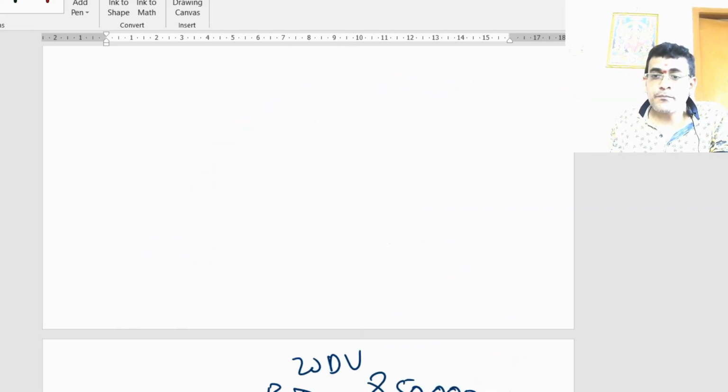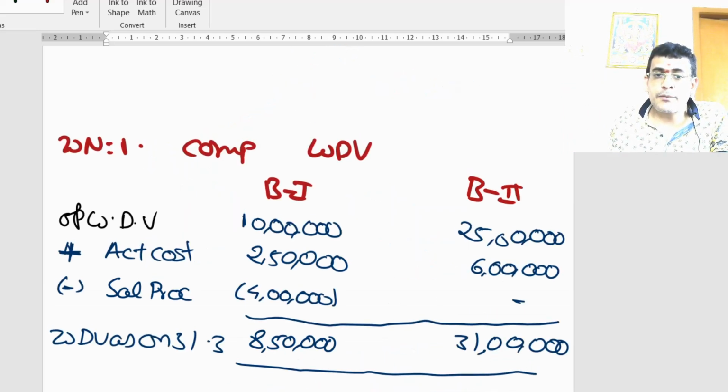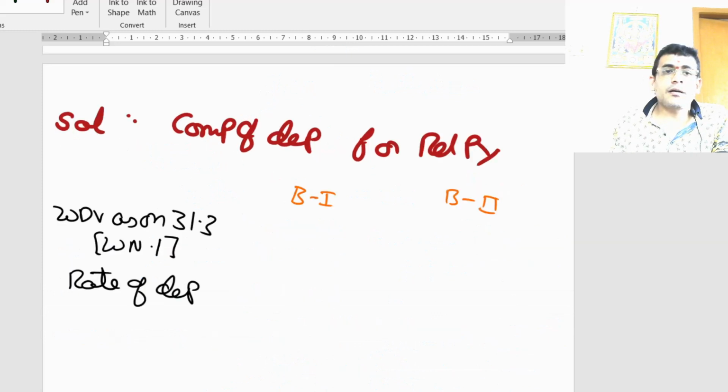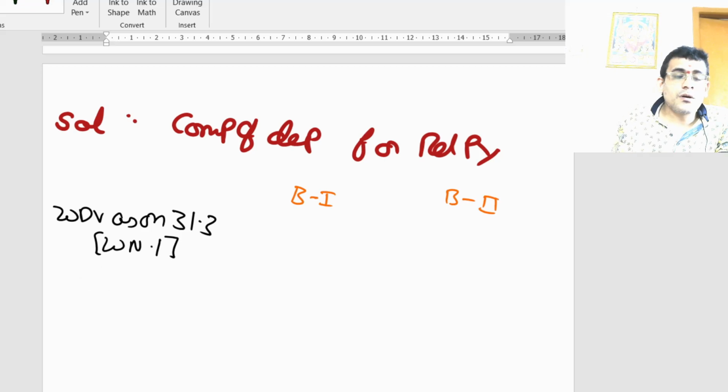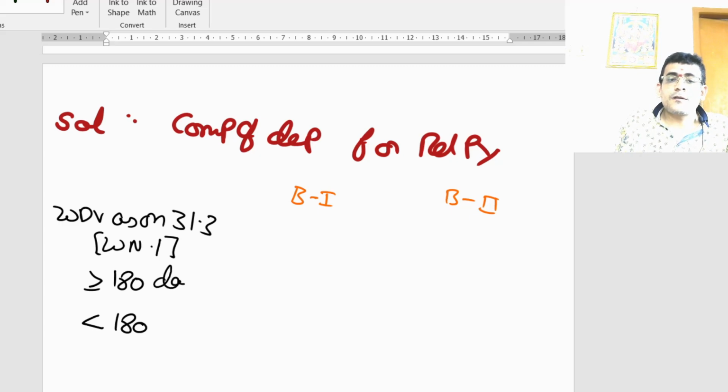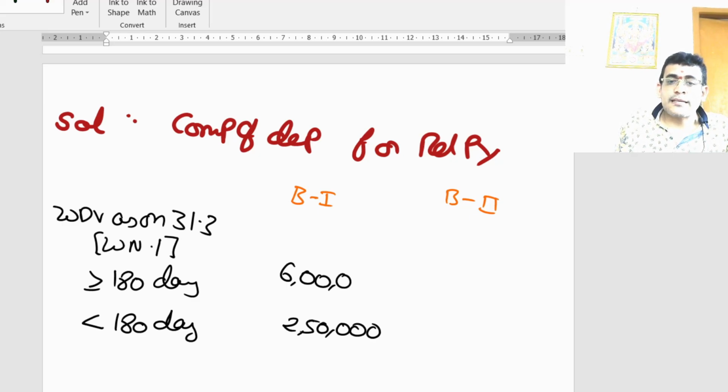Now if I go back to my original statement, here two components or two parameters I have to consider. Let us write that as well. WDV as on 31st greater than or equal to 180 days, less than 180 days. So here, just now calculated, less than 180 days the WDV is going to be 2,50,000, greater than or equal to 180 days the WDV is going to be 6 lakhs.